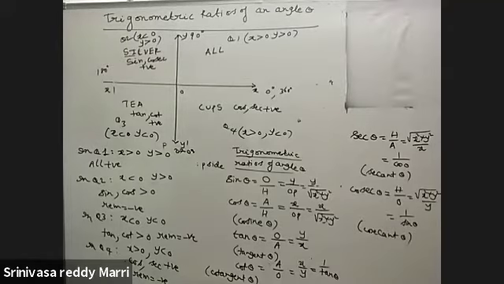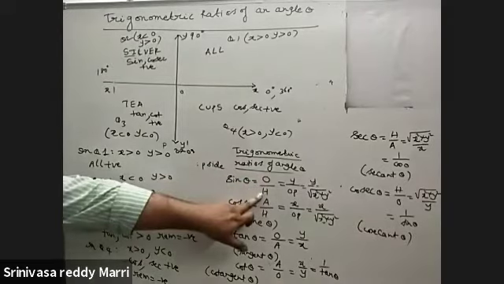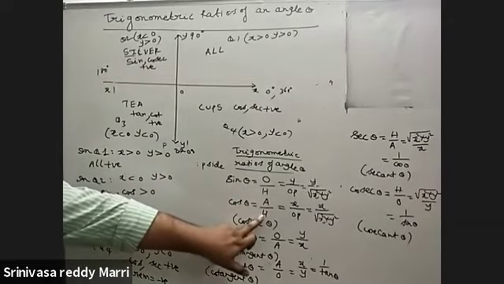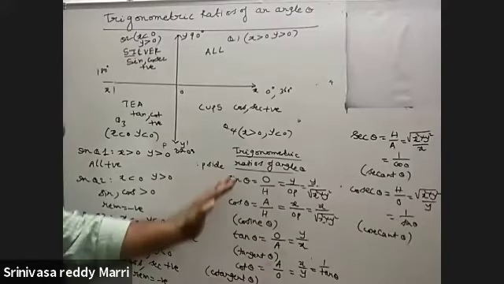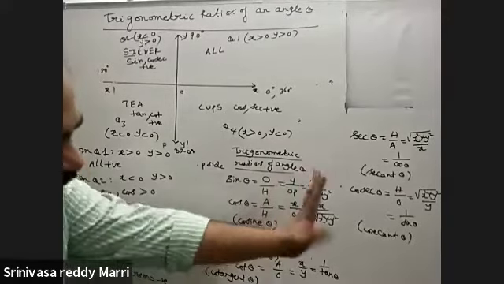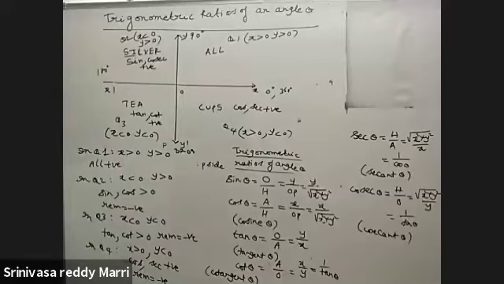In a right angle triangle, opposite by hypotenuse, adjacent by hypotenuse, opposite by adjacent, this is the basic concept. In a right angle triangle, we are able to write all the trigonometric ratios.